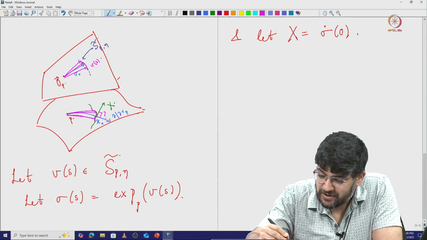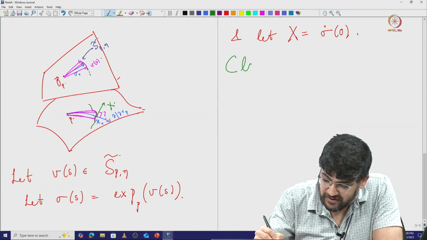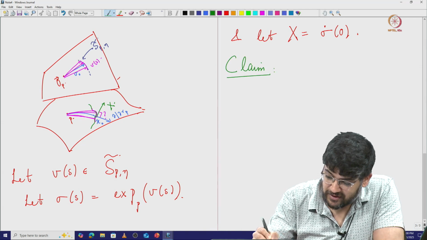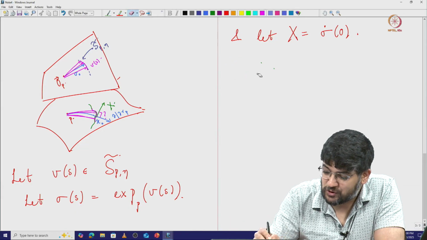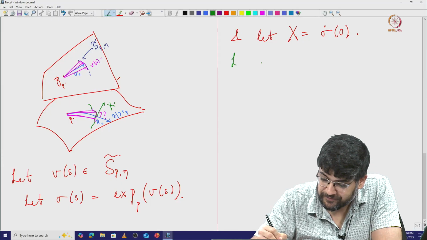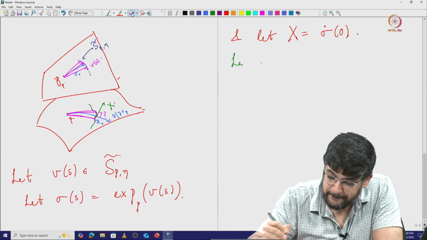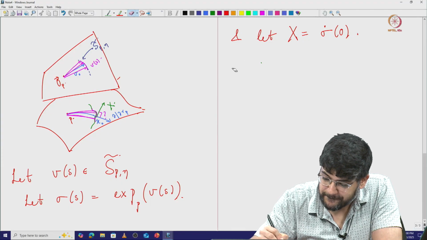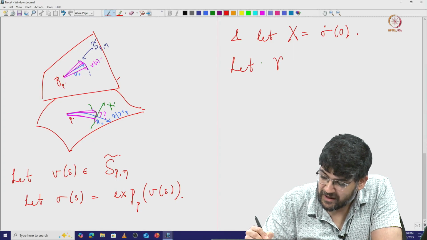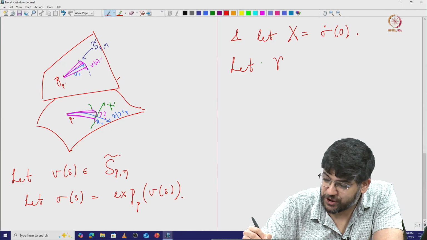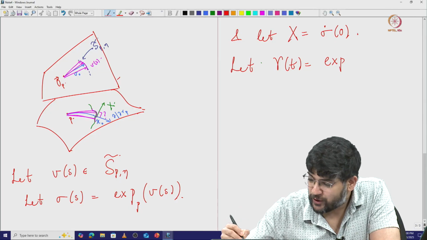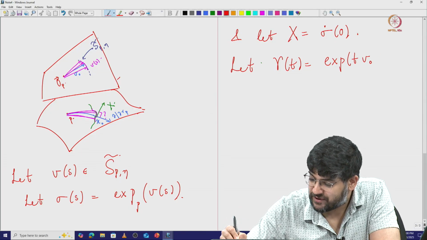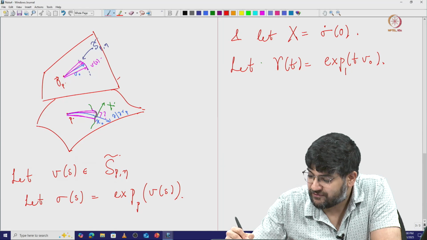So the claim is that, right. So before that let me also put, let gamma be the corresponding geodesic connecting p to x naught. So that is the geodesic given by exponential of t v naught.